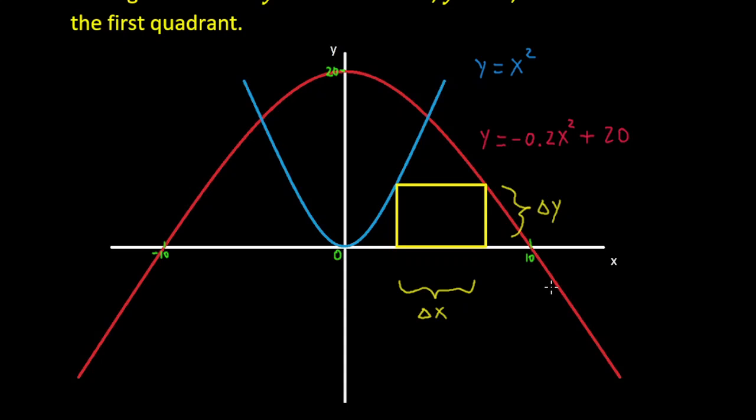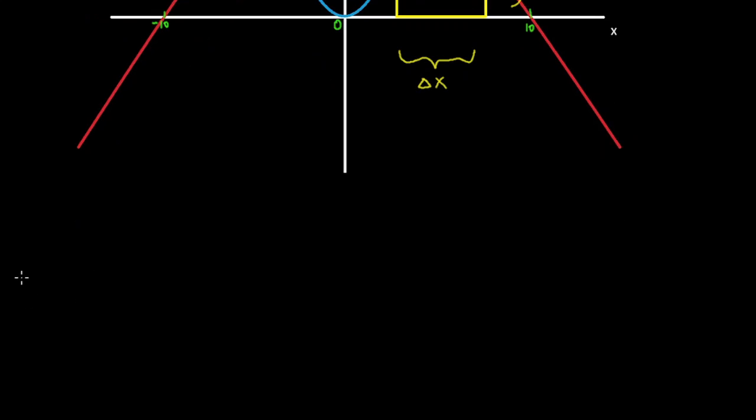That's what we have to find out right now, that will give the maximum area of the rectangle. So the formula for the area of the rectangle would be delta x times delta y. So the area of the rectangle here is delta x times delta y.